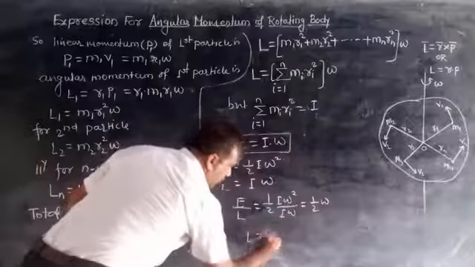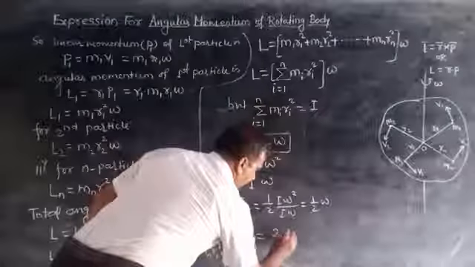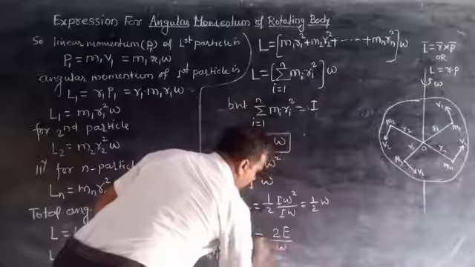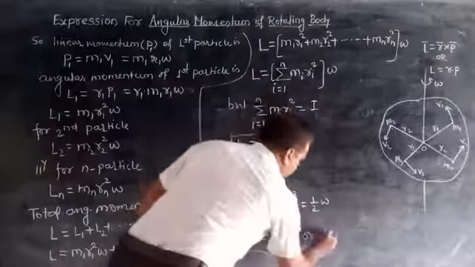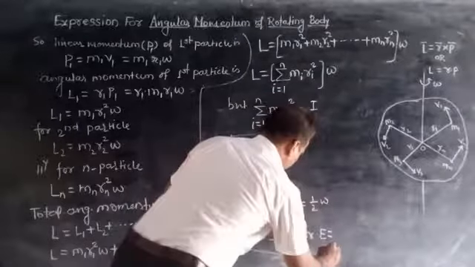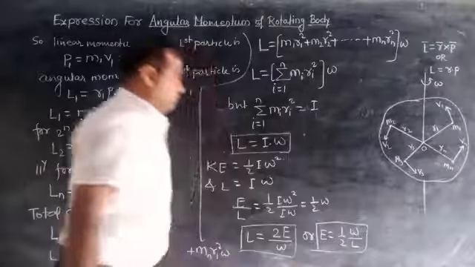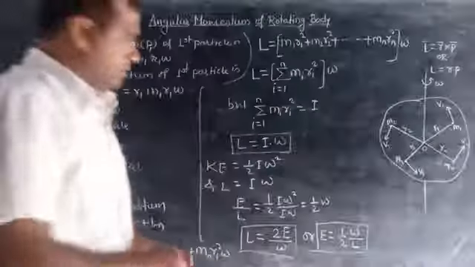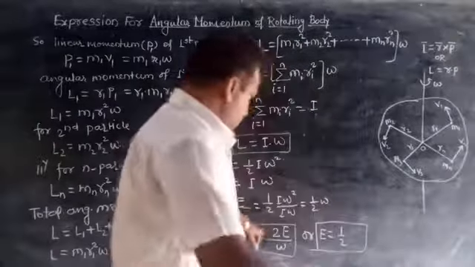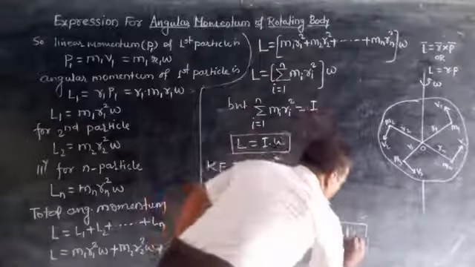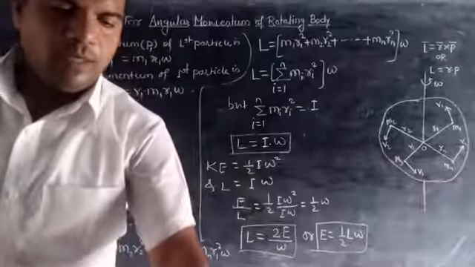Therefore L is equal to twice E upon omega, or E is equal to half L omega. This is the relation between kinetic energy and angular momentum of a rotating body.